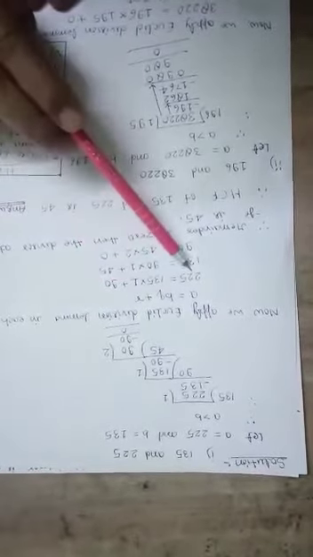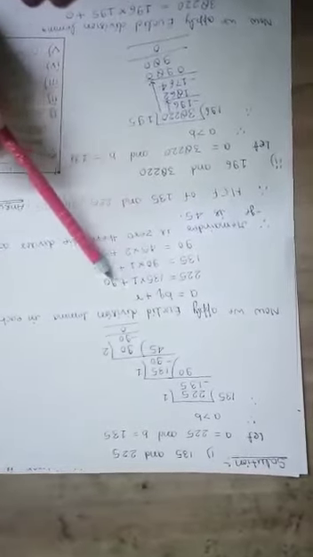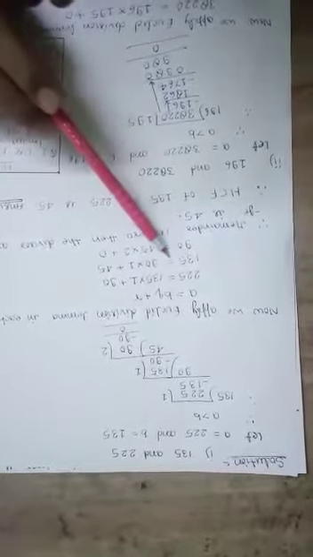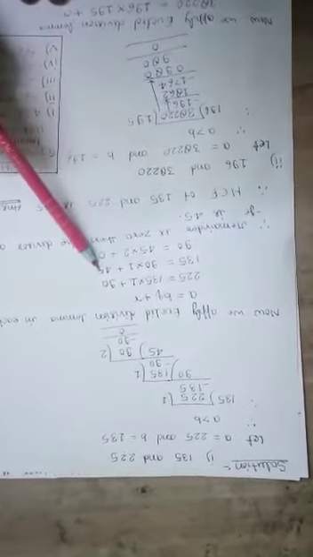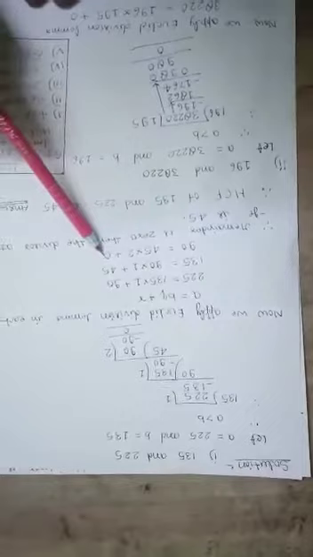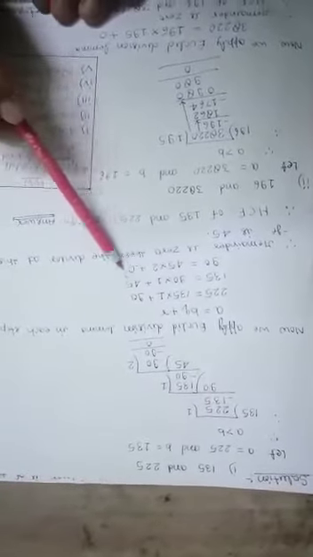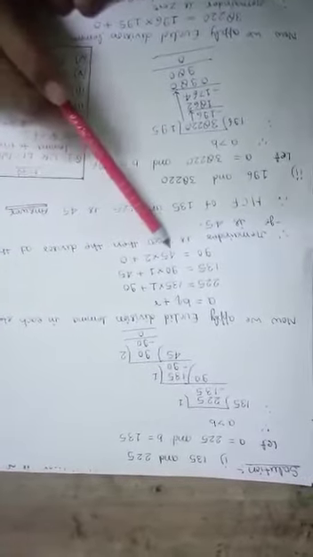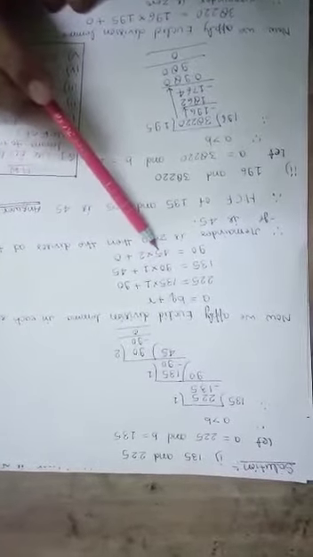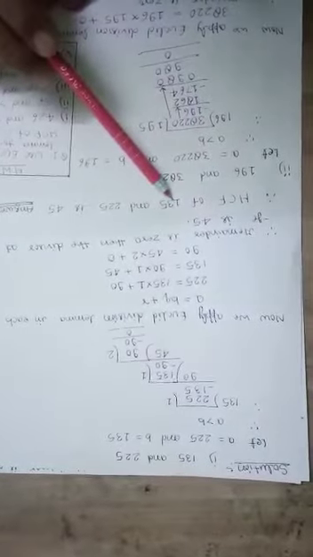Then 225 equals 135 into 1 plus 90. 135 equals 90 into 1 plus 45. 90 equals 45 into 2 plus 0. Remainder is 0. Then the divisor at this stage is 45. Therefore, HCF of 135 and 225 is 45.